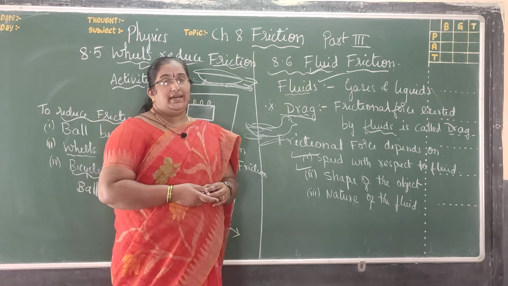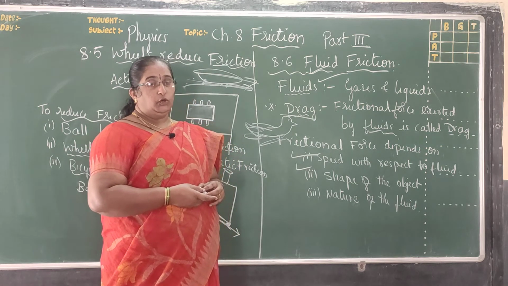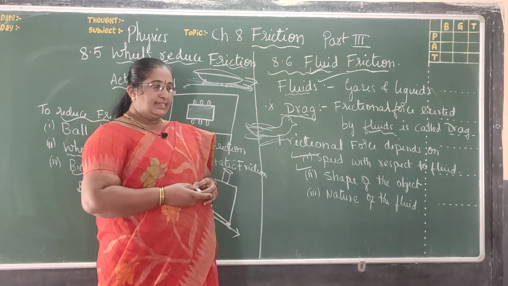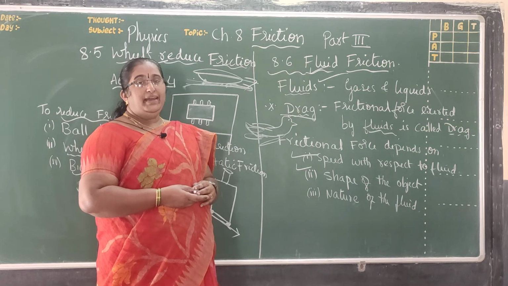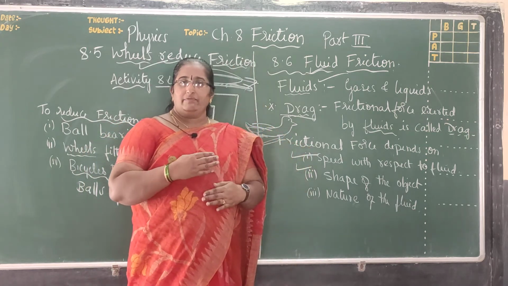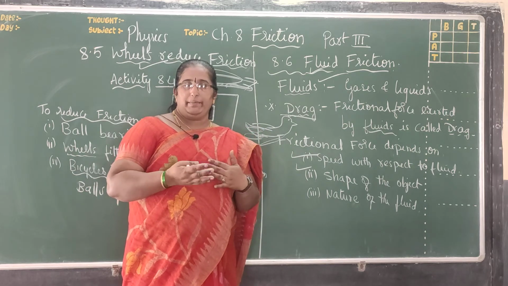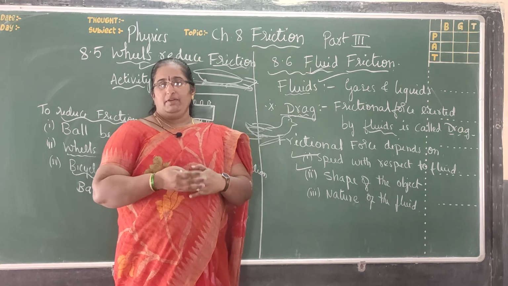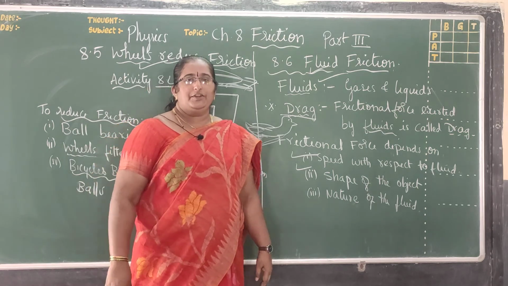And in some machineries, you cannot use oil or grease. In such cases, there will be air cushions. Air cushions will be maintained so that it will reduce friction. There will be some gap in which air will be maintained and it will help you to reduce friction.